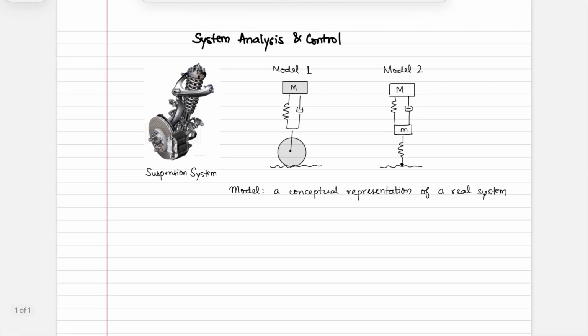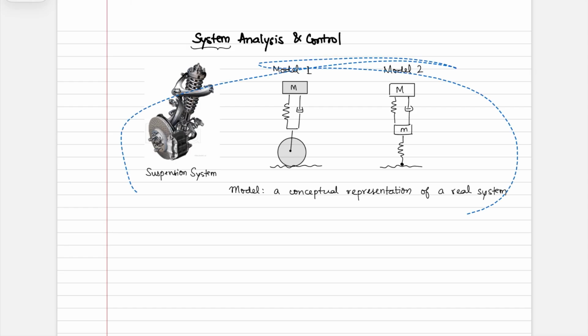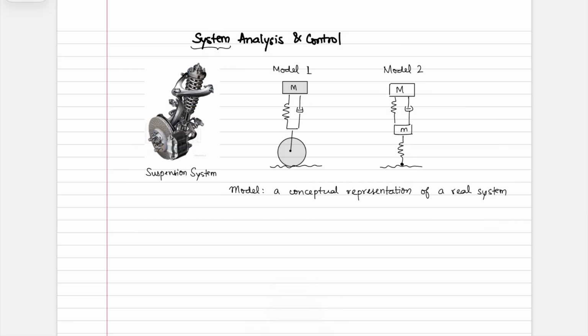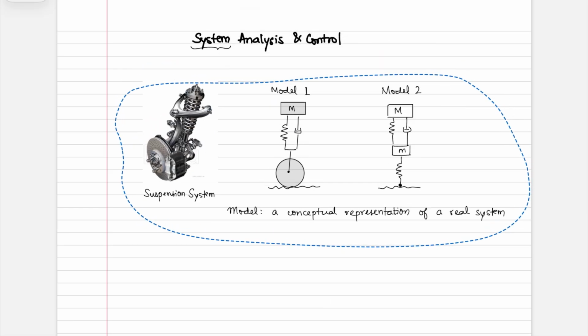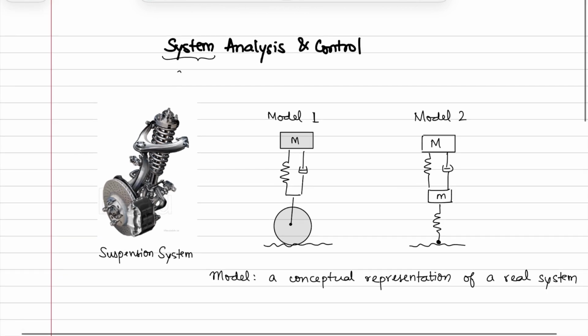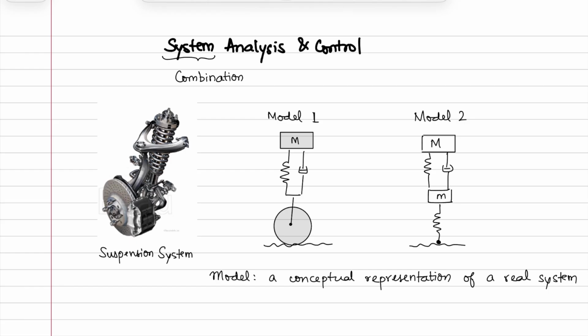And just so that we are complete, we did talk about what a system is in itself. A system would be a combination of elements that act together to accomplish some objective.